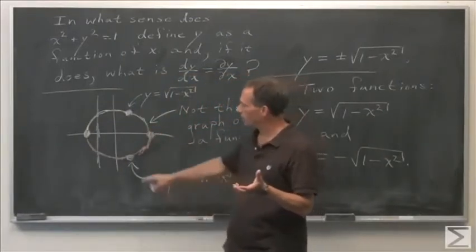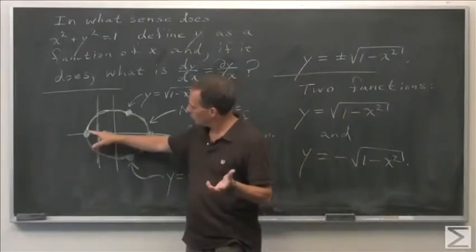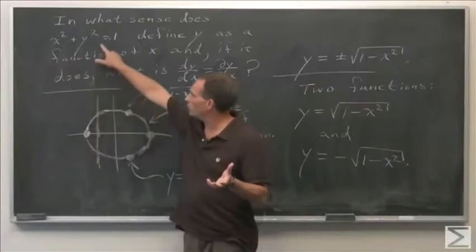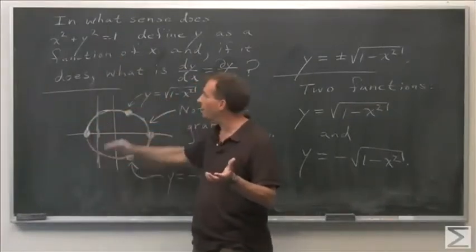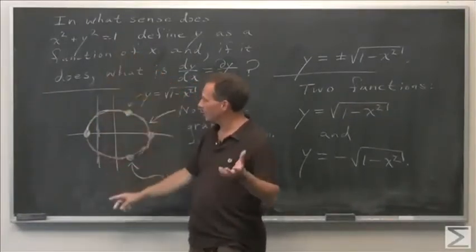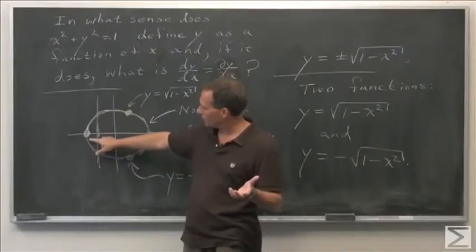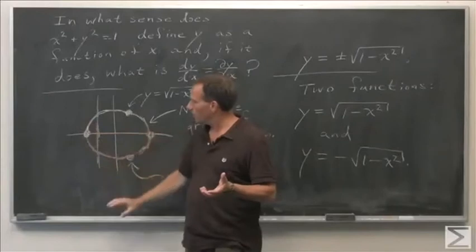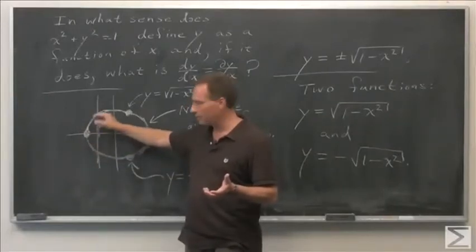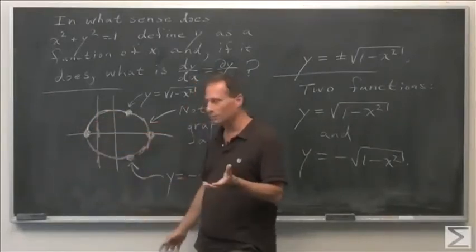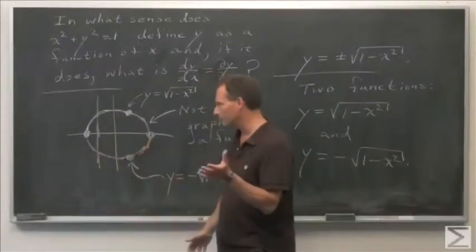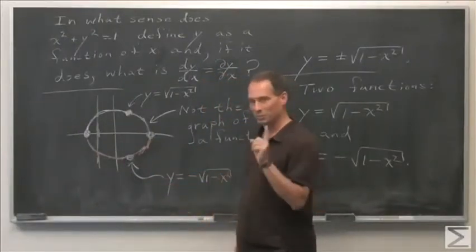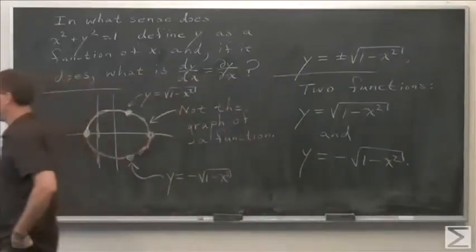Because when y is 0, anywhere near here, there's no way to decide, do you mean the top half or the bottom half? This equation doesn't implicitly define y as a function of x in a neighborhood of these points, because there's always going to be this top piece that comes down to it and this bottom piece that goes into it, and then it's not the graph of a function. So you kind of expect that there are some problem points, and we'll see why. All right.